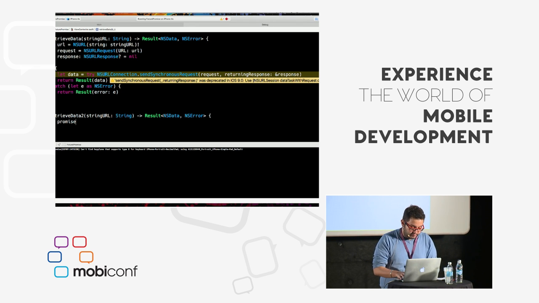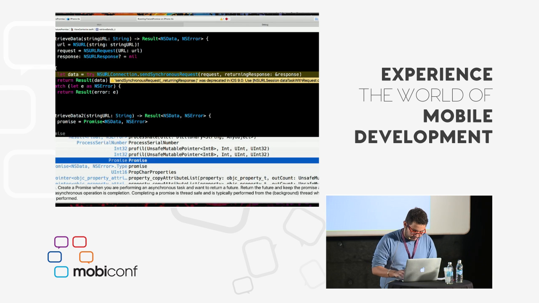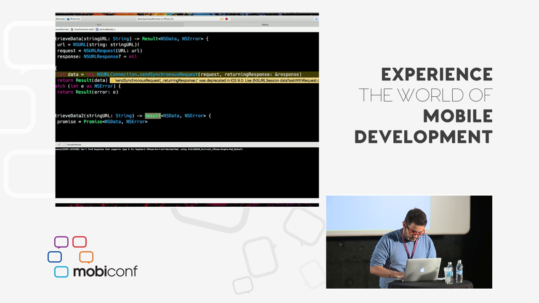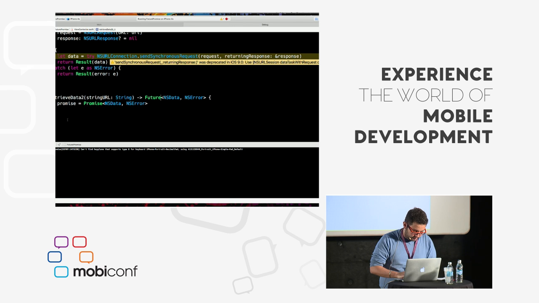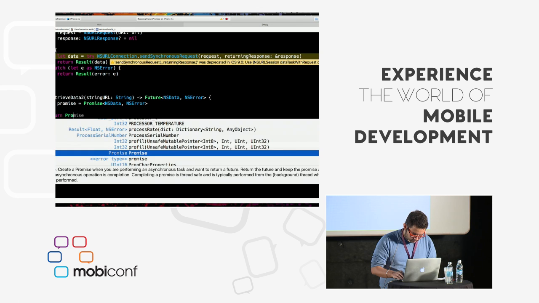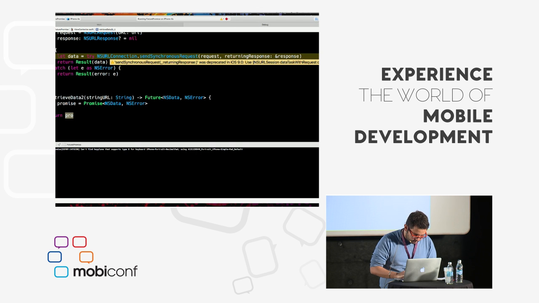Let's create the promise, and in this case we're going to use it because we need it. And here is NSData, NSError, what I have to return. In this case it's a future. I return the promise and the future that I need.